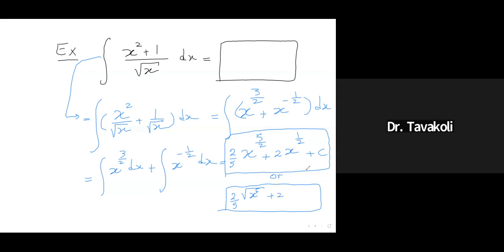And as we saw before, x to the power of 1/2 is radical x and plus c. Either one is good. You can choose either of these two as the answer. So let me just write the first one up there. So 2/5 times x to the power of 5/2. So 5/2 is the exponent of x plus 2 times x to the power of 1/2 and then plus c.